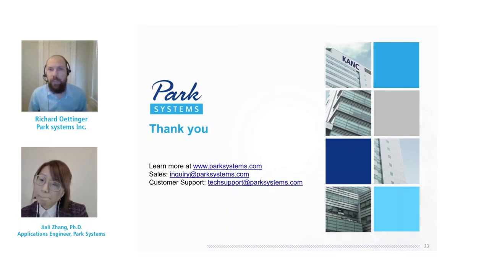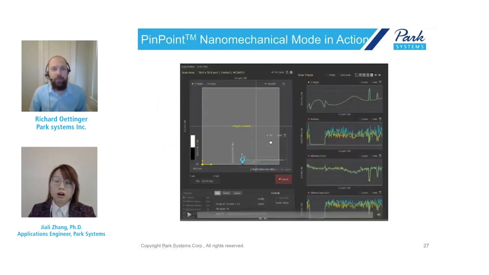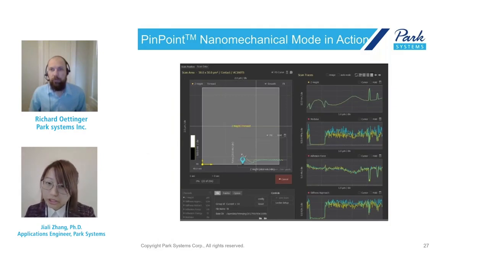All right, next question is, what is the difference between the images obtained in regular imaging mode and PinPoint mode, resolution and speed? Okay, so regular AFM mode just allows you to get a topography image, which is a key component for all AFM modes.